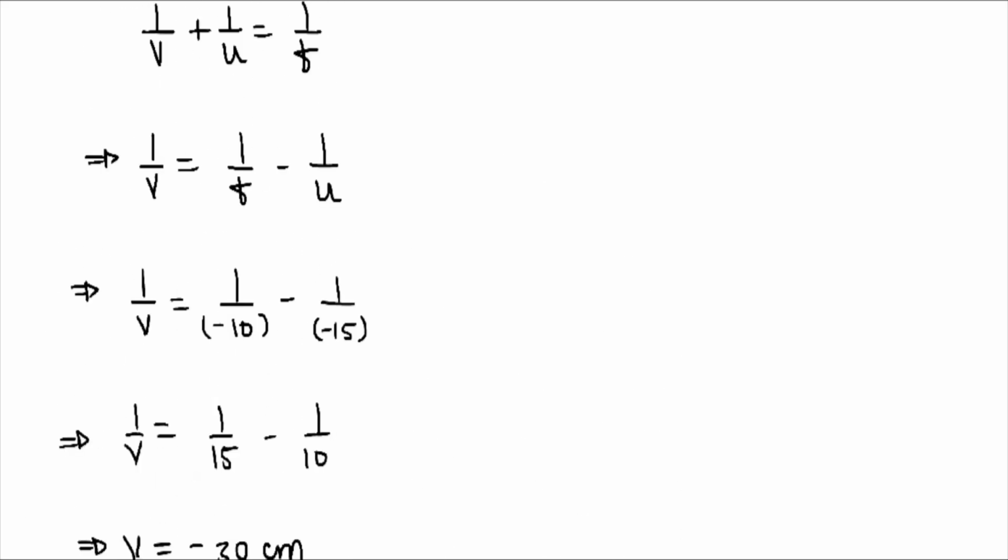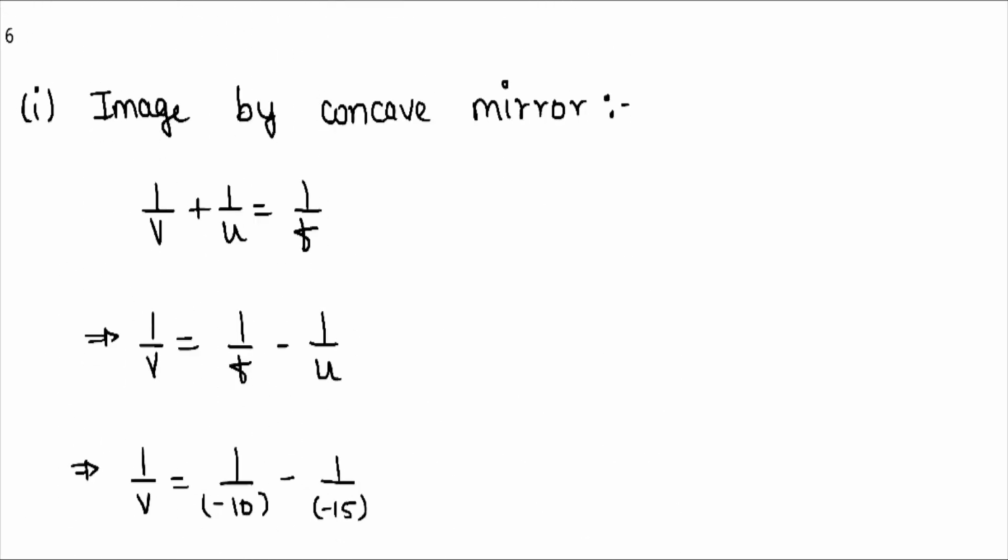And now we find the magnification for both parts. Magnification here will be m1, and it will be minus v by u. Our v is minus 30, and u is minus 15. So it will be minus 2. This is our m1.